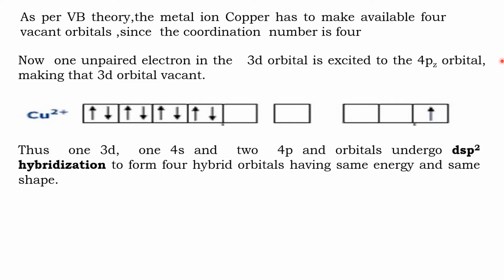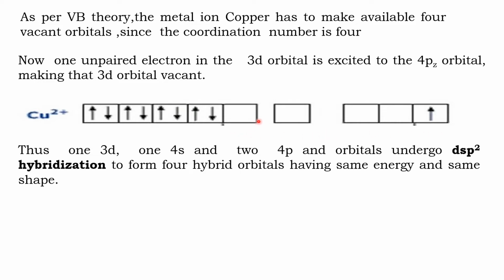But actually what happens is, listen carefully, the unpaired electron present in the 3d orbital gets excited to the 4pz orbital. This is the 3d orbital, this is the 4s orbital, this is the 4p orbital.